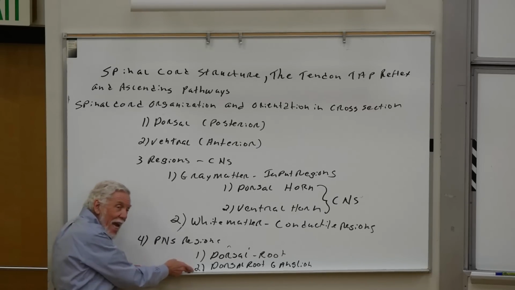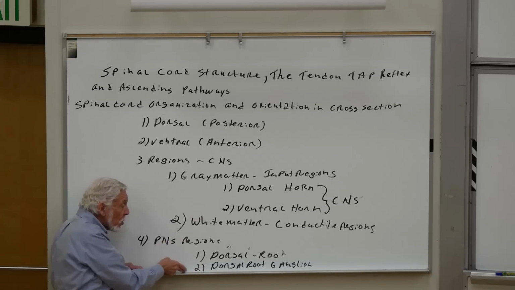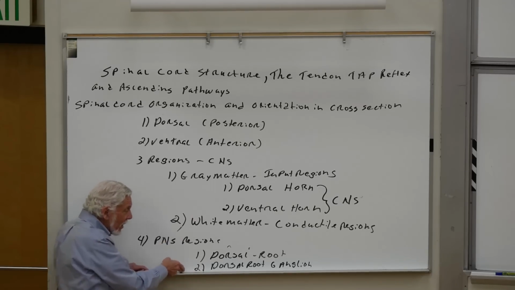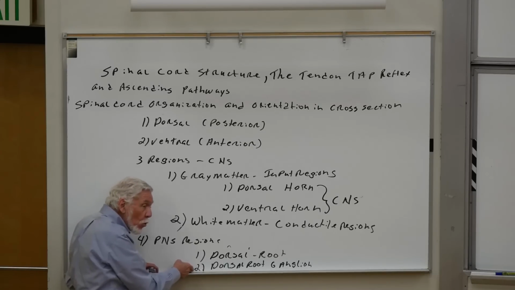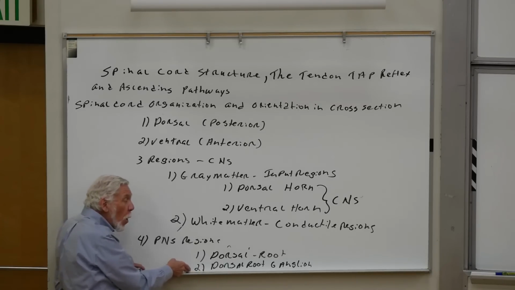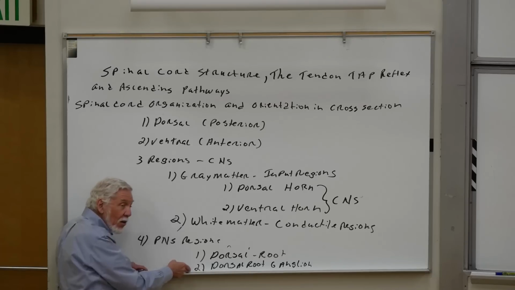The dorsal root ganglion, which is going to be a part of the dorsal root, and again in the peripheral nervous system, the dorsal root ganglion is going to be a cluster of neuronal cell bodies, but in this case, these neuronal cell bodies are going to be all primary sensory afferents, carrying somatosensory information.